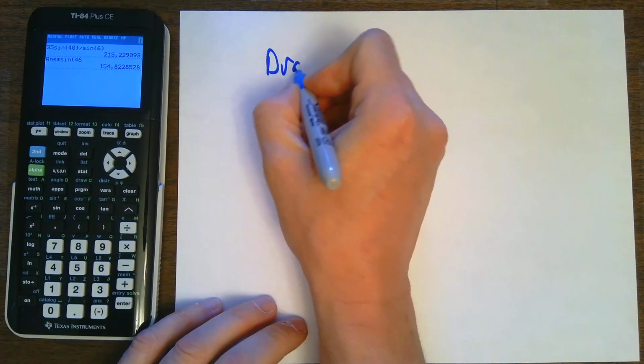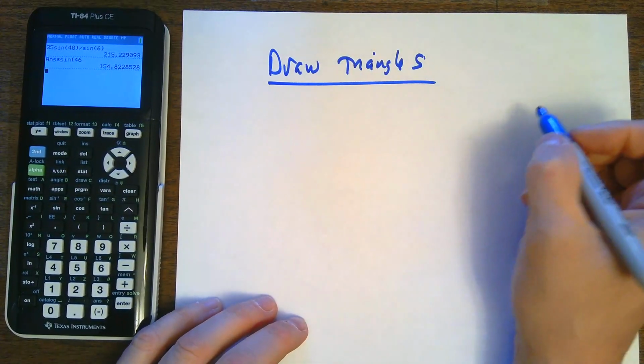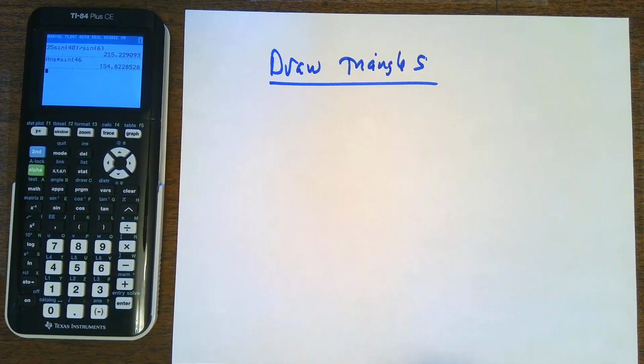Problem number 3 is a hot air balloon with an angle. And remember, the key is to draw the triangles. These will be non-right angled triangles, but that's okay, don't worry about them. And then you're going to use the law of sines on these.